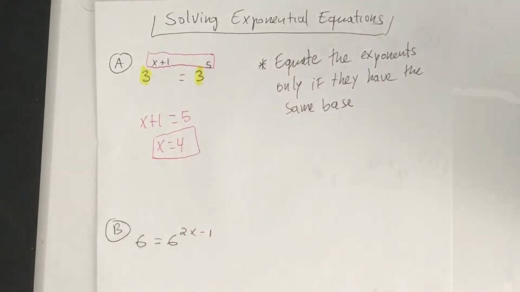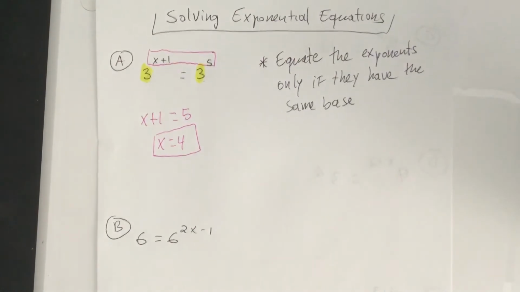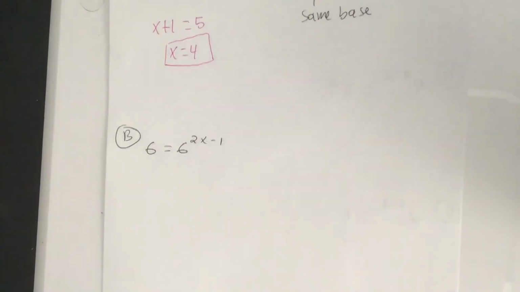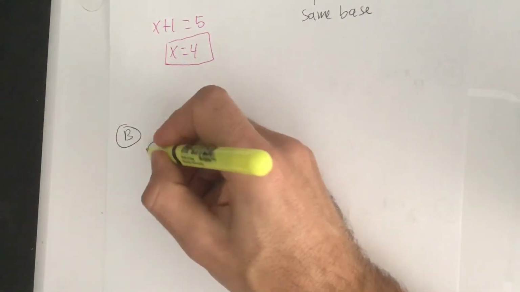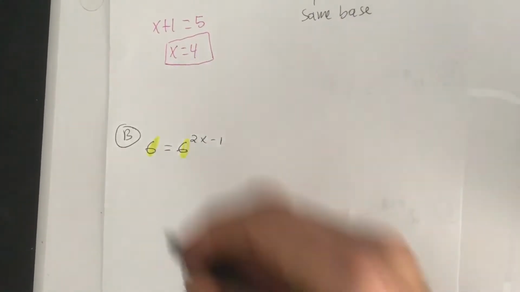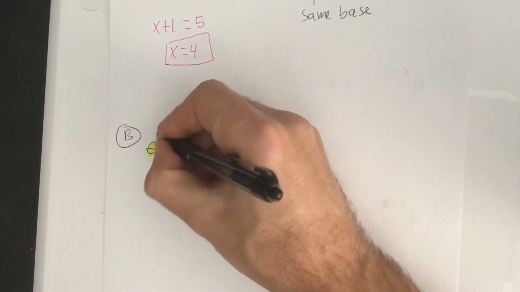All right, so let's try this one over here. 6 is equal to 6 to the 2x minus 1. So pause the video, see if you are able to do it. All right, in this case, we are lucky enough that, hey, we have the same base. We gotta remember that if you don't have an exponent, that's gonna be a 1 right there.